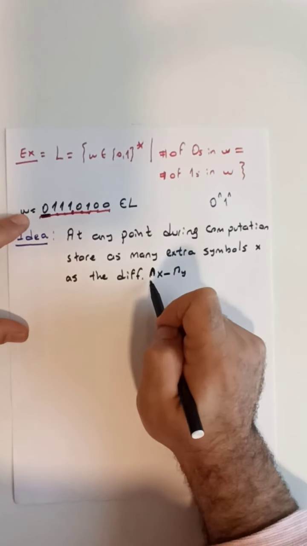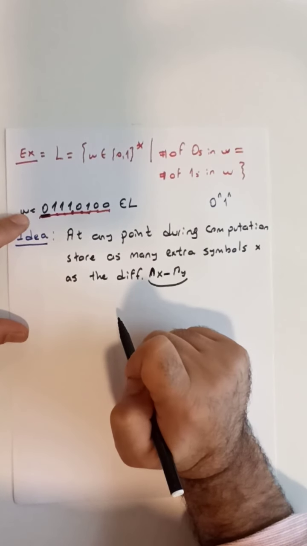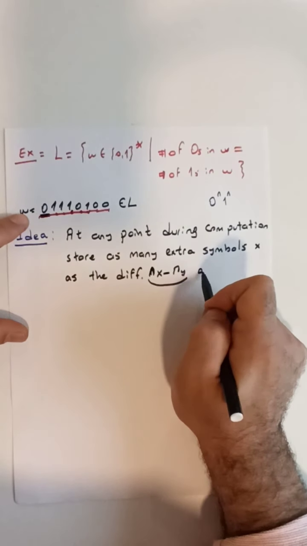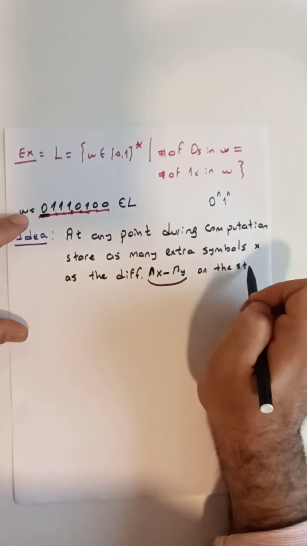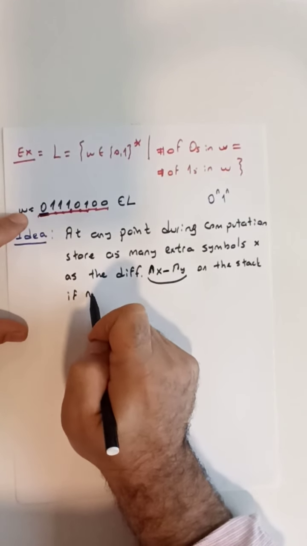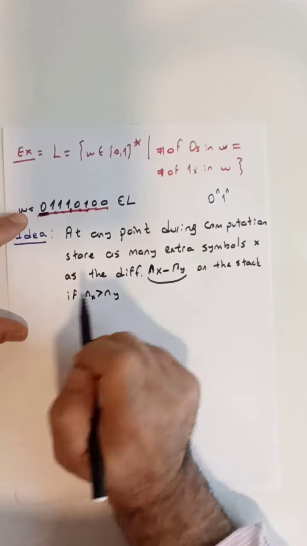We want to keep this many symbols x on the stack if obviously nx is greater than ny.